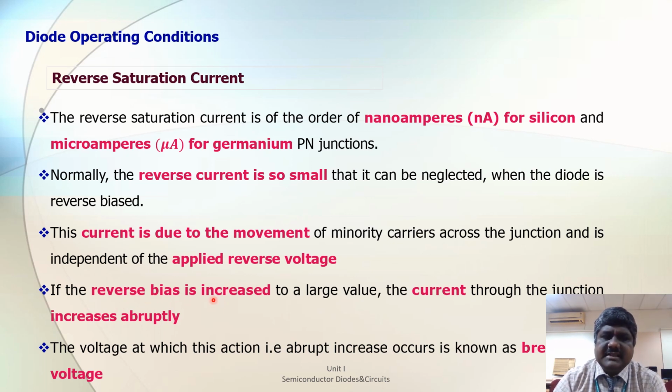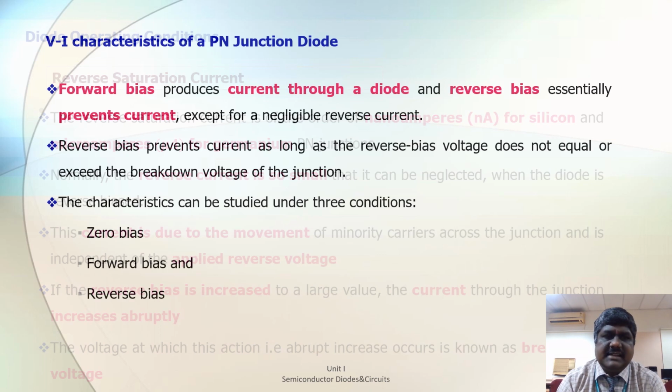After the knee voltage of 0.7 V, if the reverse bias is increased further, the current through the junction increases abruptly. That is the damaging, leakage current. After the reverse breakdown voltage only, that abnormal current will pass.